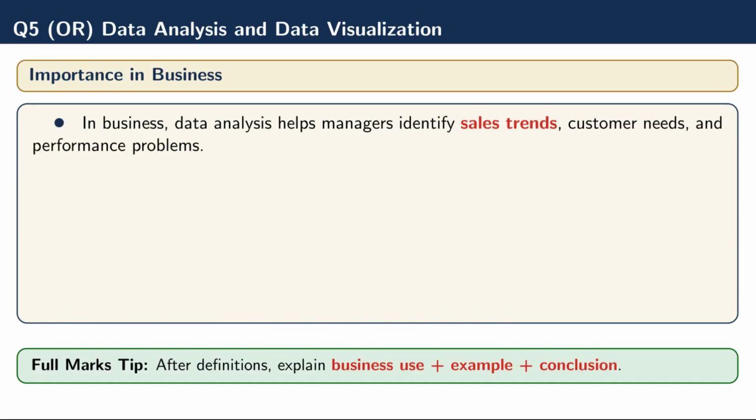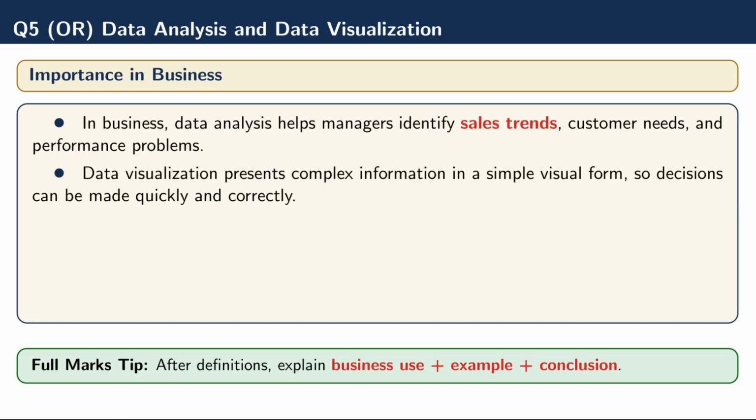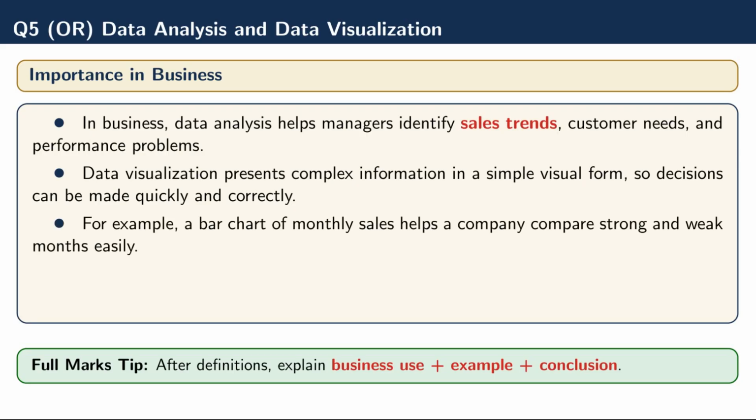Importance in business. In business, data analysis helps managers identify sales trends, customer needs, and performance problems. Data visualization presents complex information in a simple visual form so decisions can be made quickly and correctly.